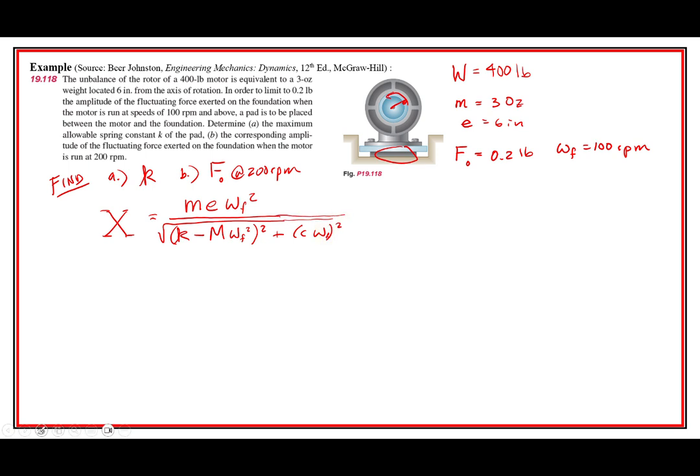And right away we can see we don't need that. I'll just write it out again. So that's going to turn out to be M E omega F squared over K minus big M omega F squared. All right, we're going to try to solve for K.